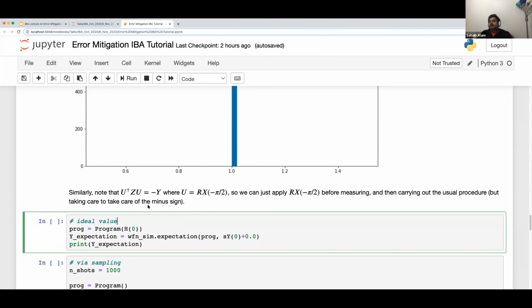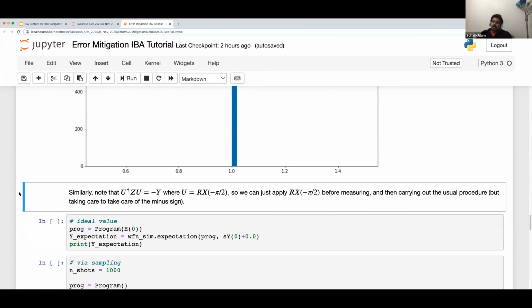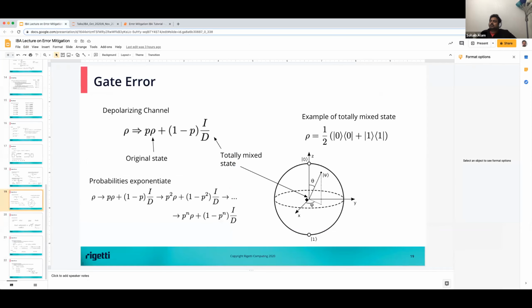And likewise, if you wanted to measure the y-axis, or sorry, the y-observable, here's one way to do this. You note that u dagger u, if you take u to be rx minus pi over 2, then you can work out that u dagger z times u equals minus 1. And again, for rx minus pi over 2, you can go back to your Bloch sphere picture.